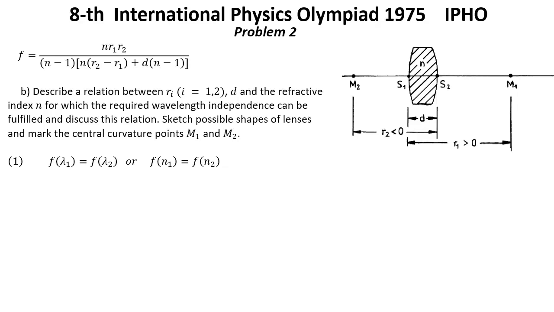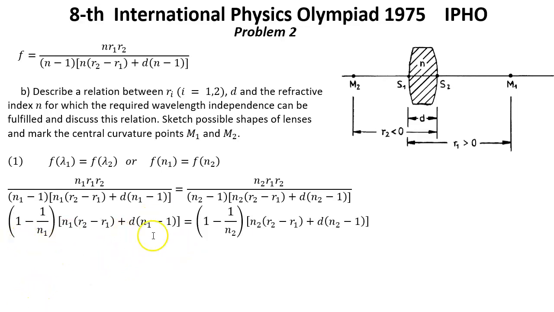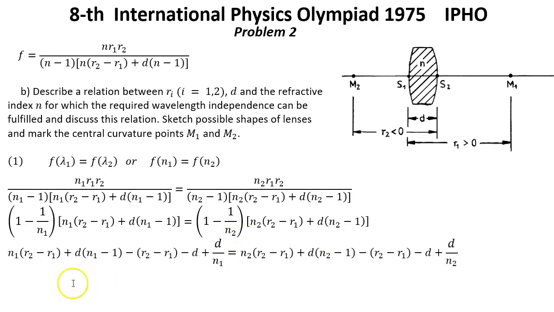Using the given equation for the focal length, we get this equation for both refractive indices. Now we can invert them and find this relation. We can simplify it to this equation, and after subtraction we have this relation. If n1 is not equal to n2, which is obvious, we finally get this relation.